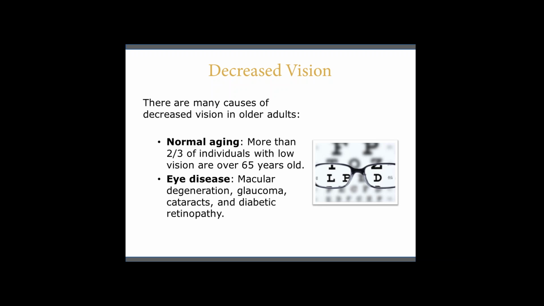And then we have more than two-thirds of people in this country that have been diagnosed with low vision or visual disease and pathology are 65 and older. So we have a high number of older adults that are also suffering with visual diseases in addition to normal aging of the eye. And those visual eye diseases are going to be your glaucoma, your macular degeneration, your diabetic retinopathy, and your cataracts.